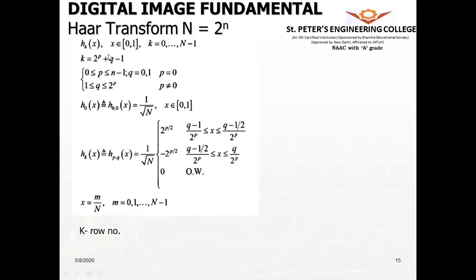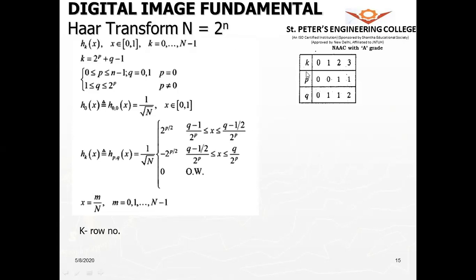Now this is for a one-dimensional Haar transform. How do we convert this into a matrix form? For example, if capital N equals 4, that means I have 4 elements of the matrix, a 2 by 2 matrix. So small n will be equal to 2.